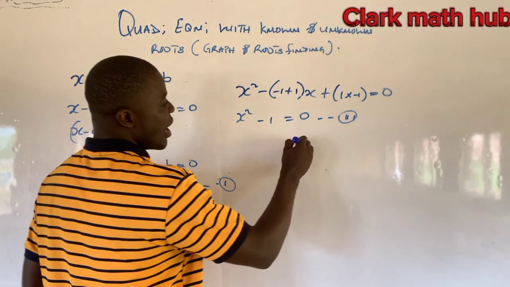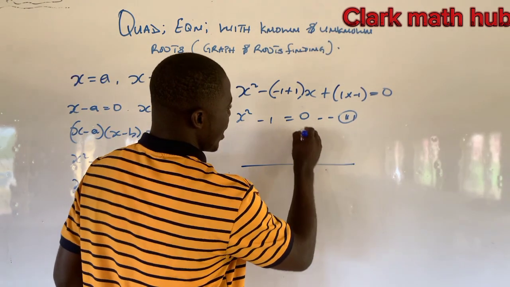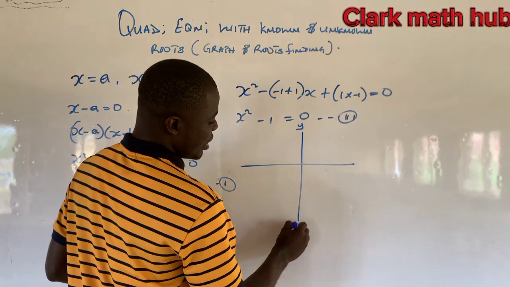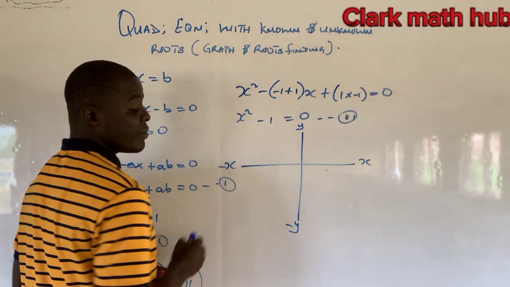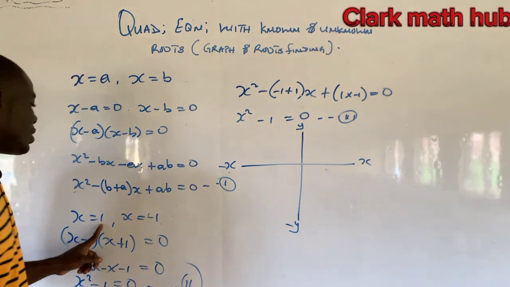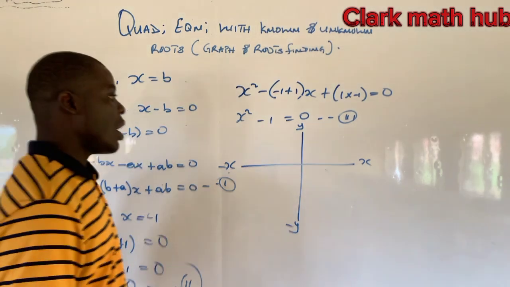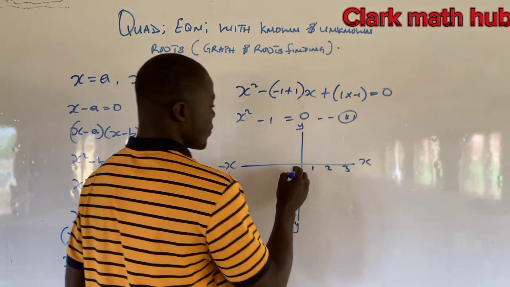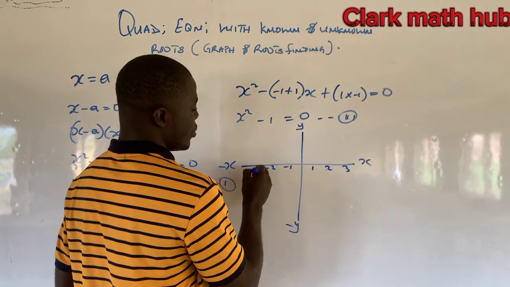So I want to represent this in graph form. We have the y-axis, positive and negative, and the x-axis, positive and negative. You observe that our x is both 1 and minus 1. From the origin 0, we have 1, 2, 3 and so forth, and on the other side minus 1, minus 2, minus 3 and so on.